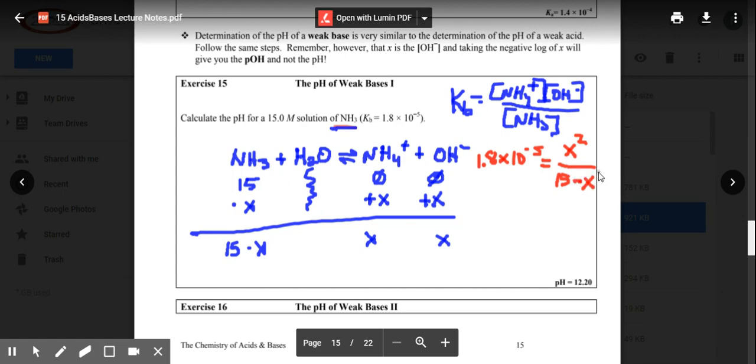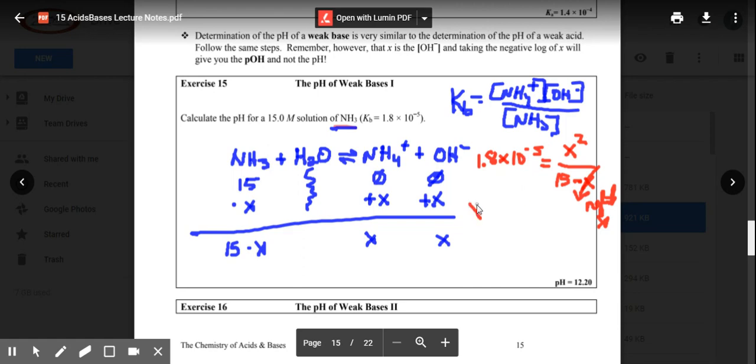So, because AP always applies the 5% rule, we can neglect this x there to make our math simpler. We don't have to do the quadratic formula. So now I'm going to cross multiply: 1.8 times 10 to the negative fifth times 15 is equal to x squared, and then I would take the square root.